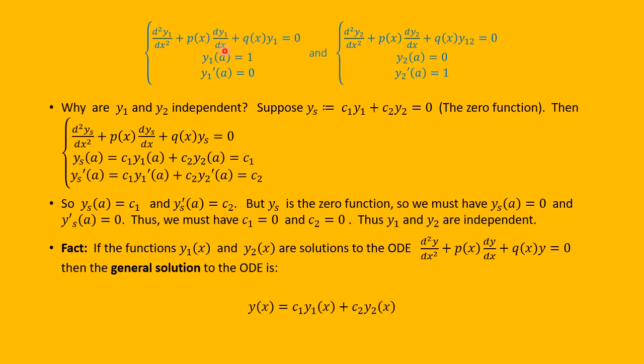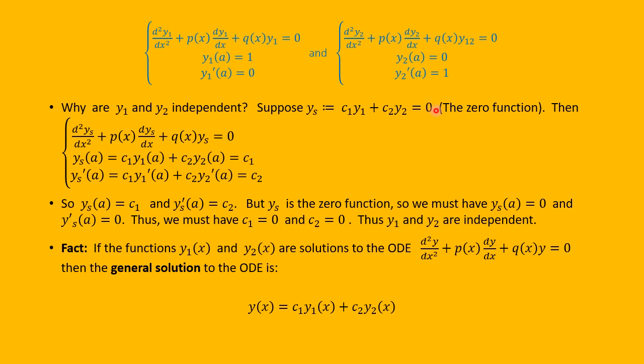Okay, so let's see. We have that y1 satisfies this initial value problem, and y2 satisfies this initial value problem. And we're trying to show that y1 and y2 are linearly independent. So let's suppose that we take a linear combination of y1 and y2, c1y1 plus c2y2, and we set it equal to 0.